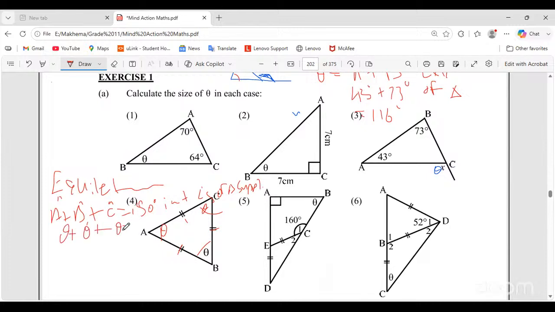What is C? C is theta, is equal to 180 degrees. Now, theta plus theta plus theta gives me 3 theta is equal to 180 degrees. You divide by 3 on both sides to make theta subject of the formula. Therefore, angle theta is equal to 60 degrees.